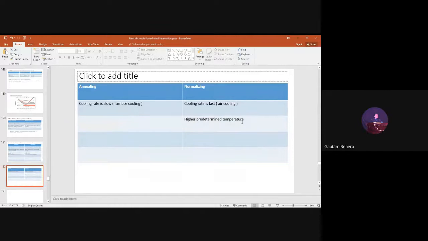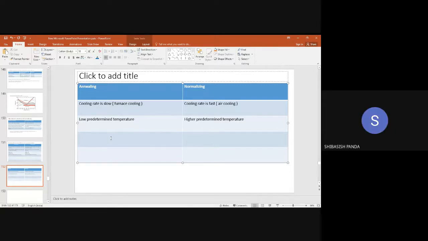So high predetermined temperature here, low predetermined temperature here. We are comparing here, so you should not get confused. Any other difference? Can you tell me?